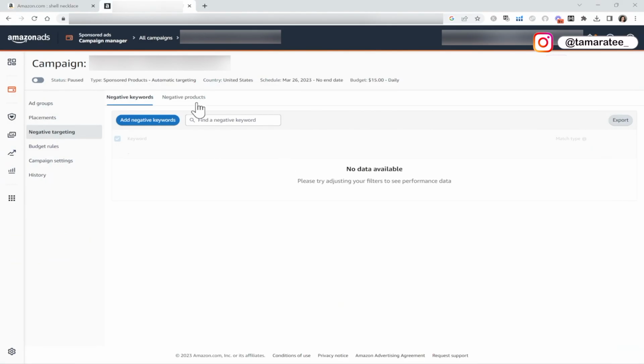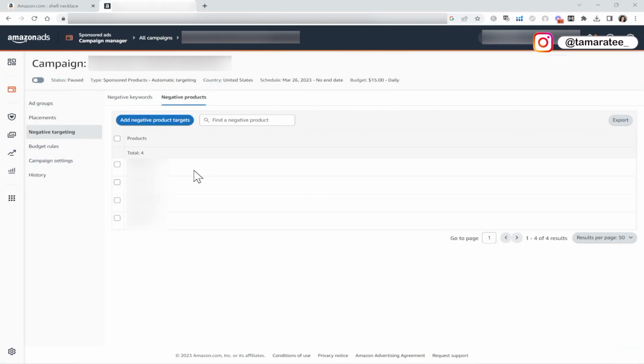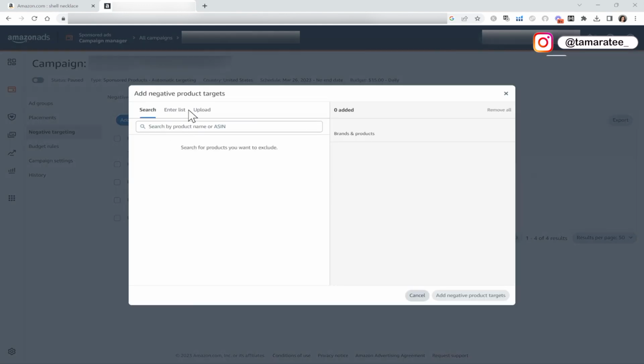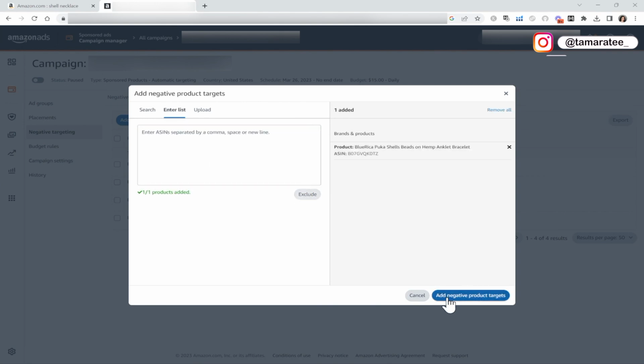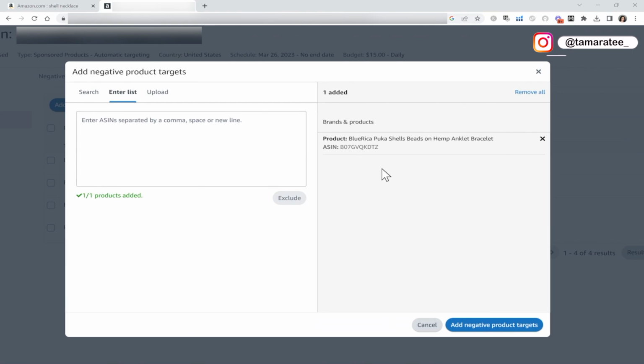All we have to do is click on negative products, click on add negative product targets, and then you just enter your ASIN. So paste that there, click on exclude, and then add negative product targets. This means when a customer searches this ASIN, your sponsored ad will not be listed within their product listing.